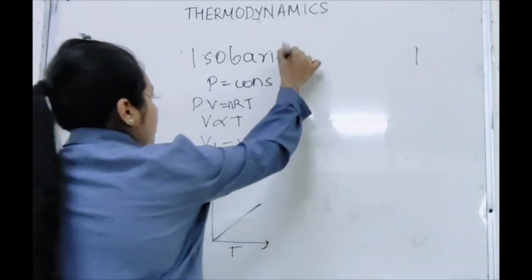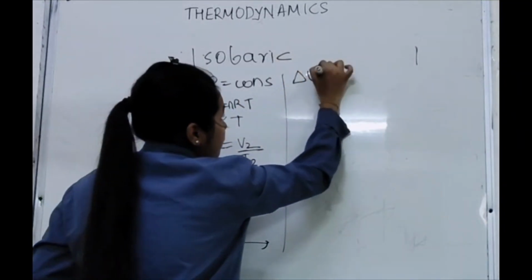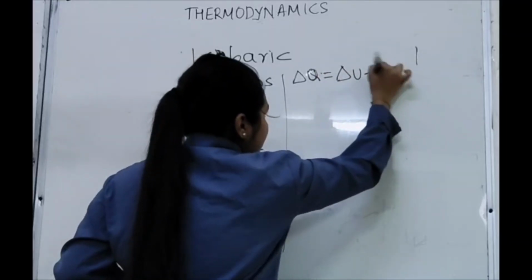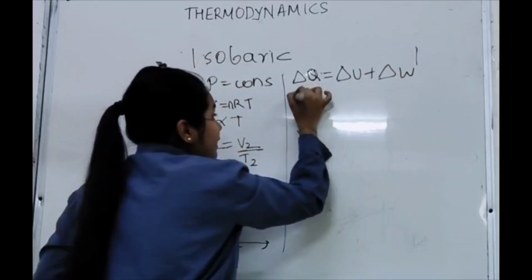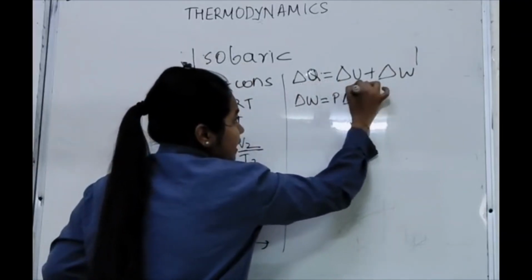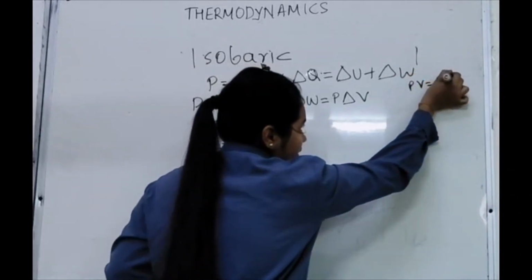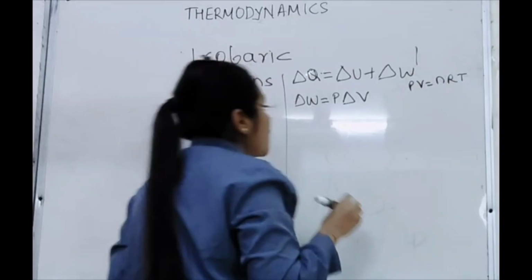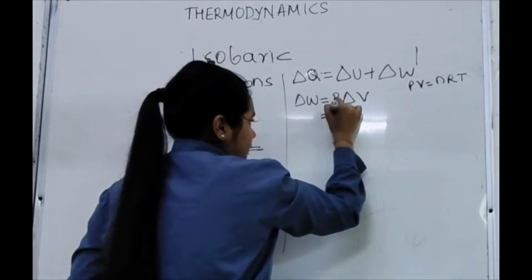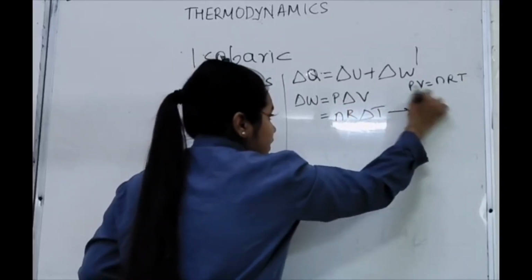Now, according to the first law of thermodynamics, delta Q equals delta U plus delta W. Now, delta W equals P delta V. See, PV equals nRT, right? So P into delta V is nR delta T. This is the first equation.